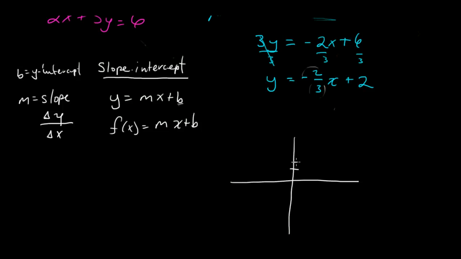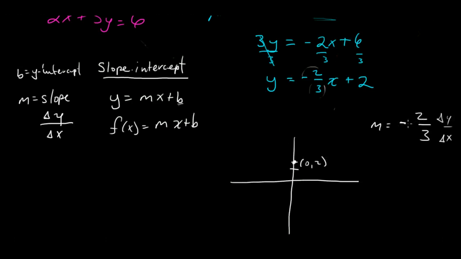So if I went up 2, and that's my y-intercept, right, is at 0, 2. Then our slope, our m, is equal to negative 2 over 3. That'll be the change of y over the change of x.